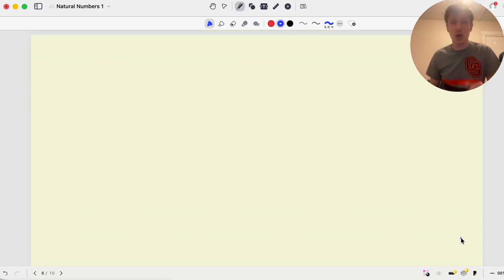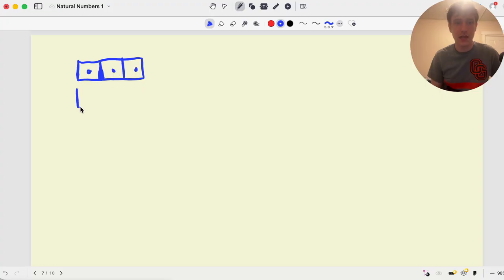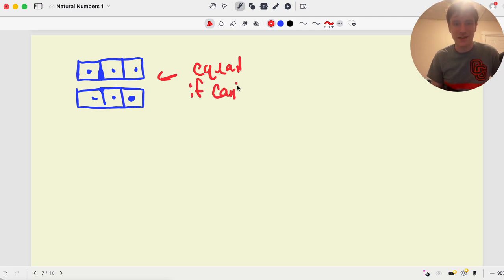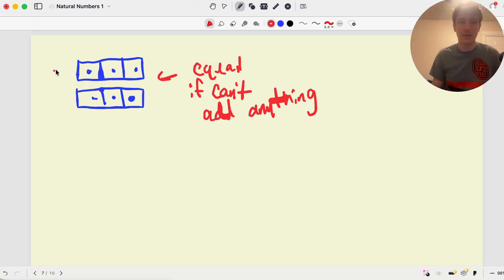And this also works for equality as well. So for example, if I have equal numbers of dots, then I can say that 2 numbers are equal. So equal if I can't add anything to either the top or the bottom, either to A or B, in order to get them to balance out.